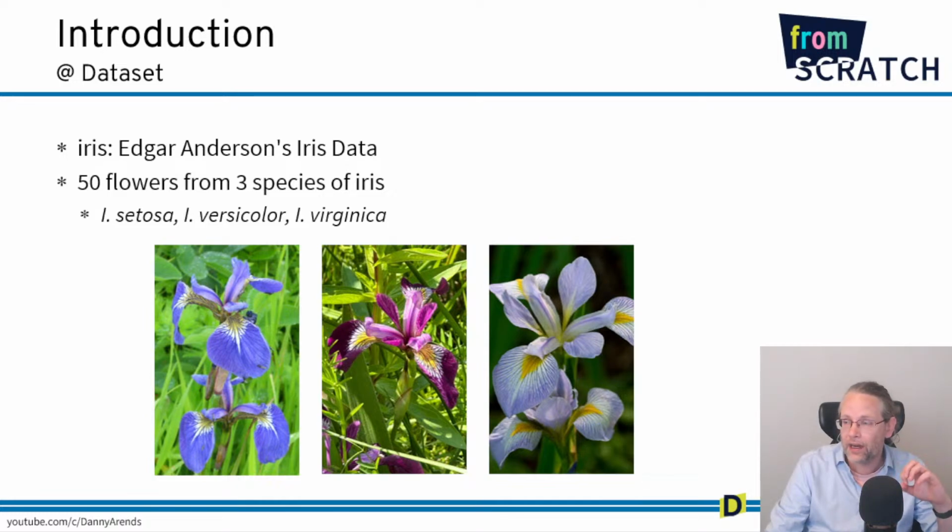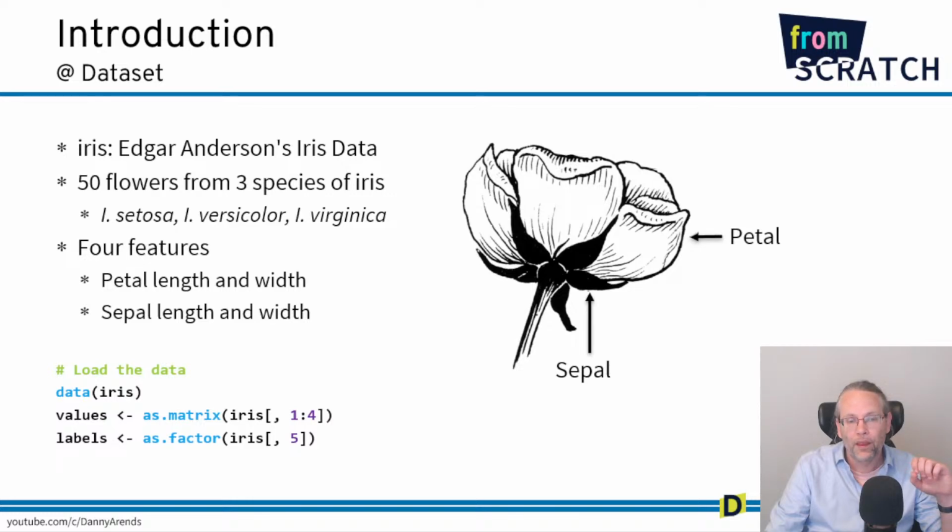You can type data(iris), and you'll have the data available in R. It has 4 features. They measured, from each of these 150 flowers, the petal length and width and the sepal length and width, right? If you have a flower, then the petals are the leaves that surround the flower, which are the nice colorful ones.